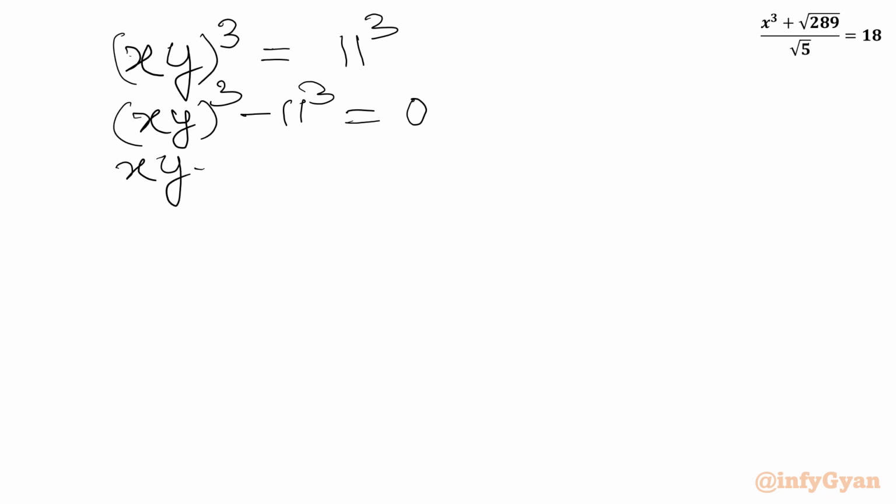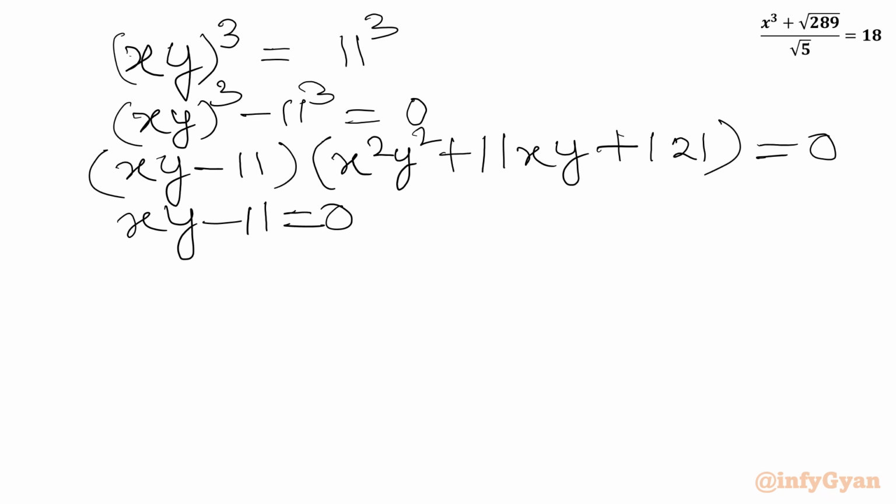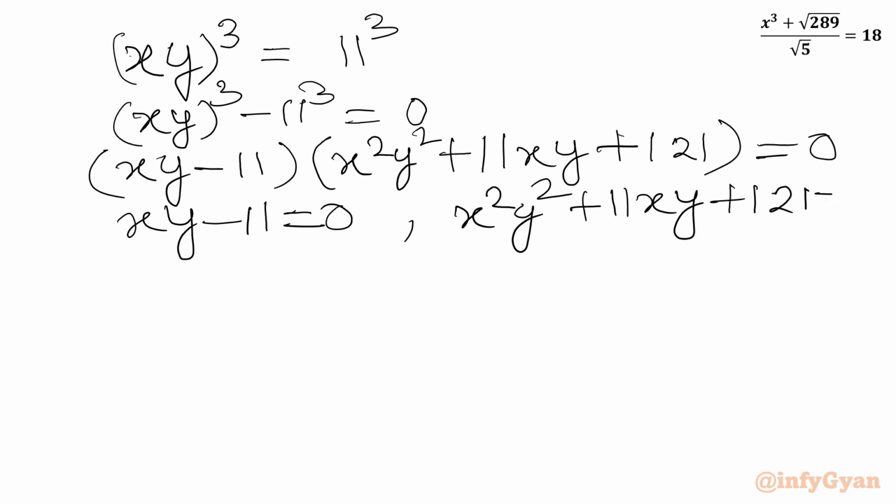We will get xy minus 11 in one bracket times x square y square plus 11xy plus 121 equal to 0. Now from the zero product rule, we can write either xy minus 11 equal to 0 or x square y square plus 11xy plus 121 equal to 0.